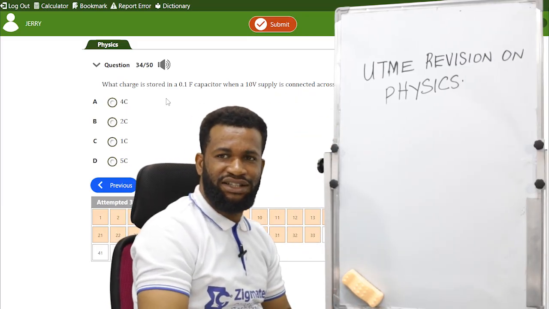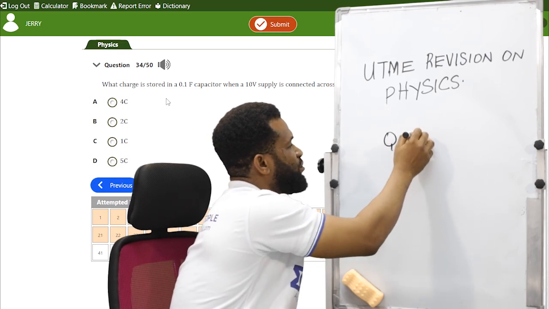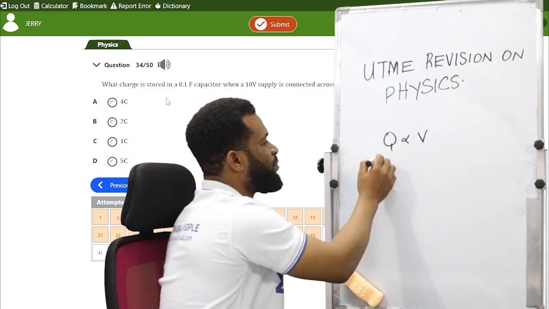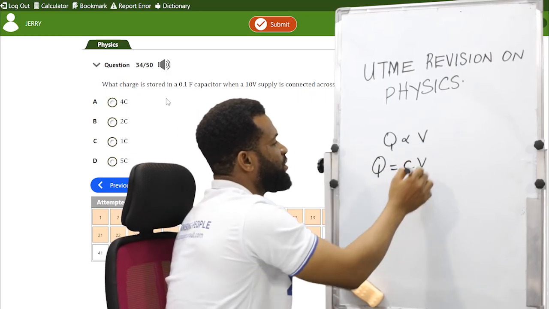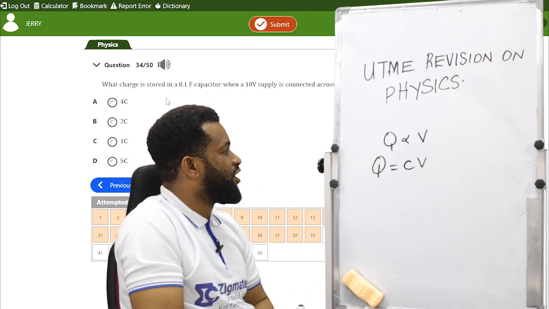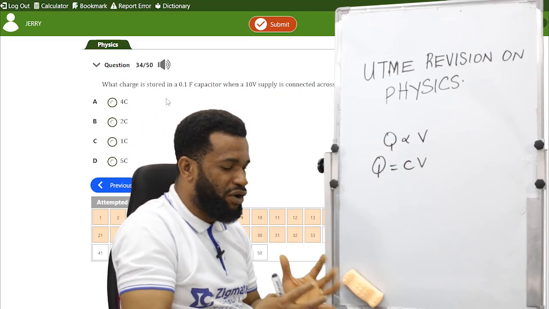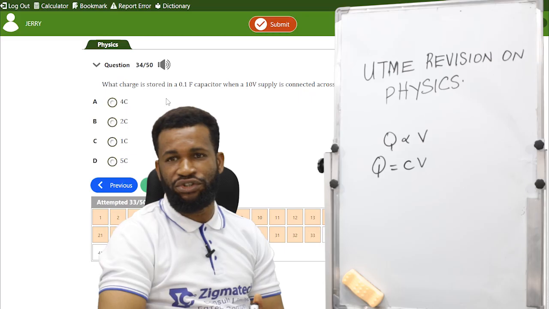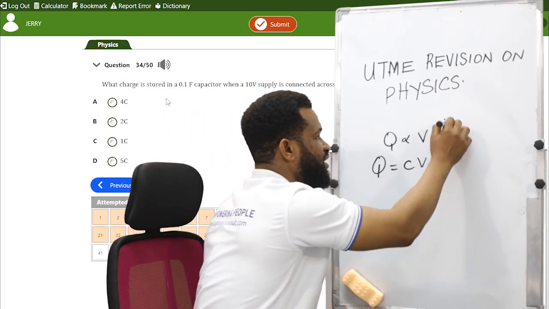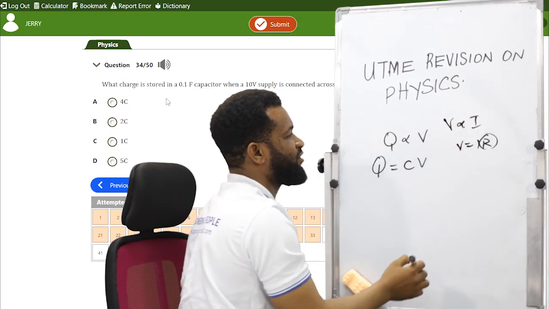At this point, you are looking at a capacitor, and the quantity of charge is directly proportional to the voltage connected across it, whereby Q is equal to CV, where C is the constant, also called capacitance. Remember that V is directly proportional to I, so that V is equal to IR. This is a constant for Ohm's law.